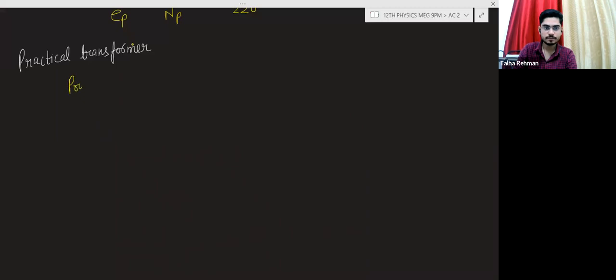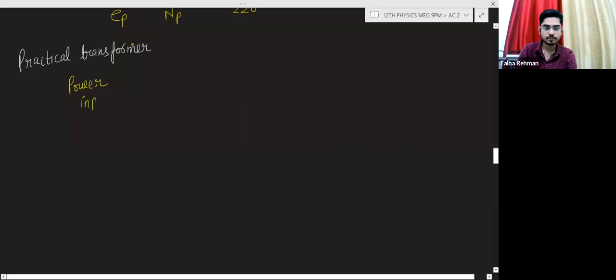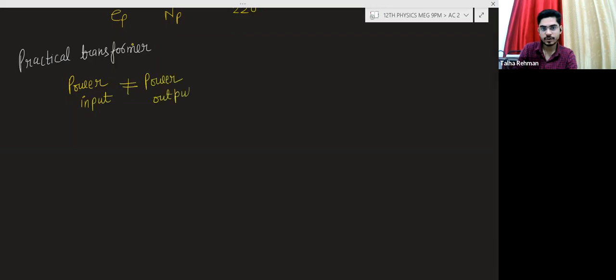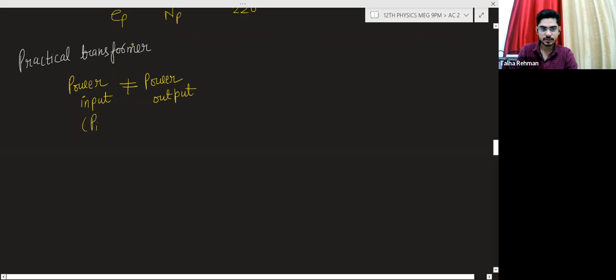Input power is not equal to the output power. Why? Because there are some losses. We will discuss some losses. So we say that input power will always be greater than the output power. This is P in and this is P out.